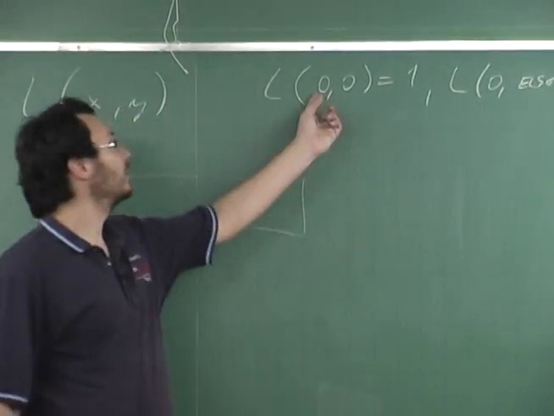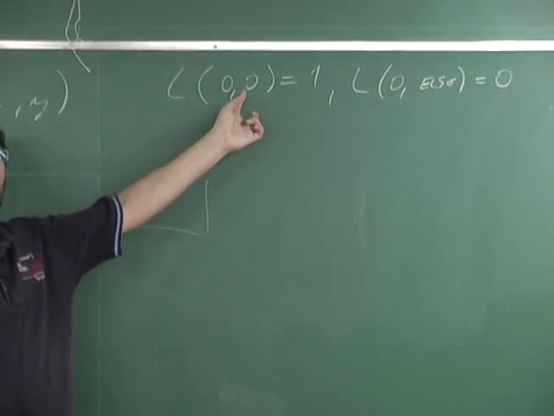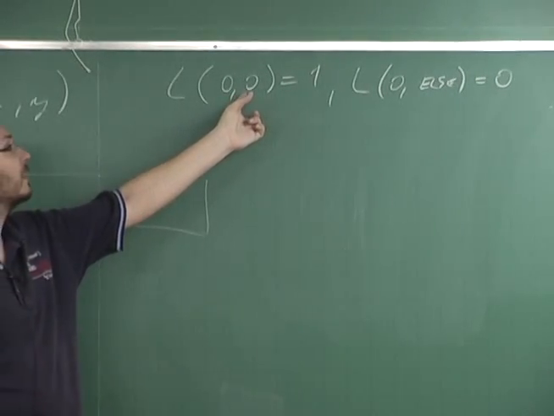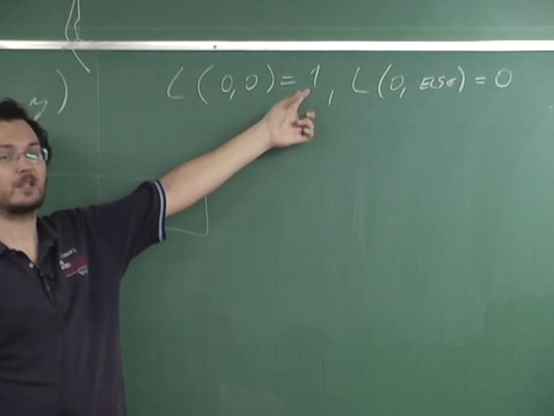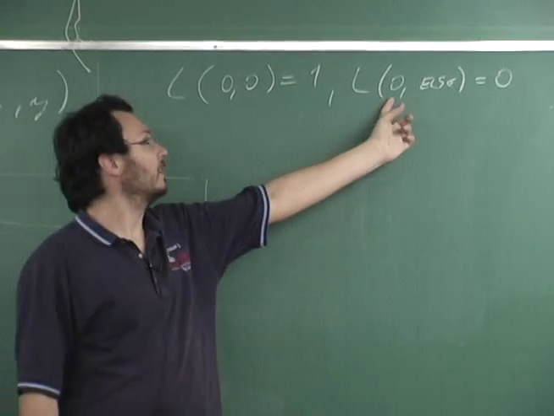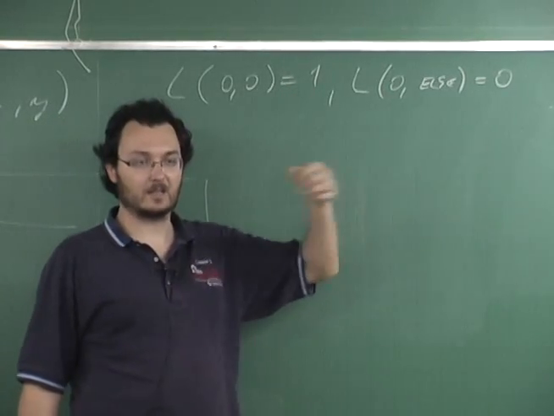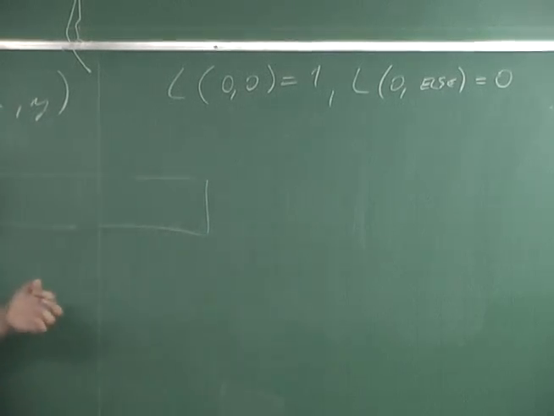So the empty string contains an odd number of nothing, an even number of everything. So there is one such empty string, and the empty string doesn't have any other parities.